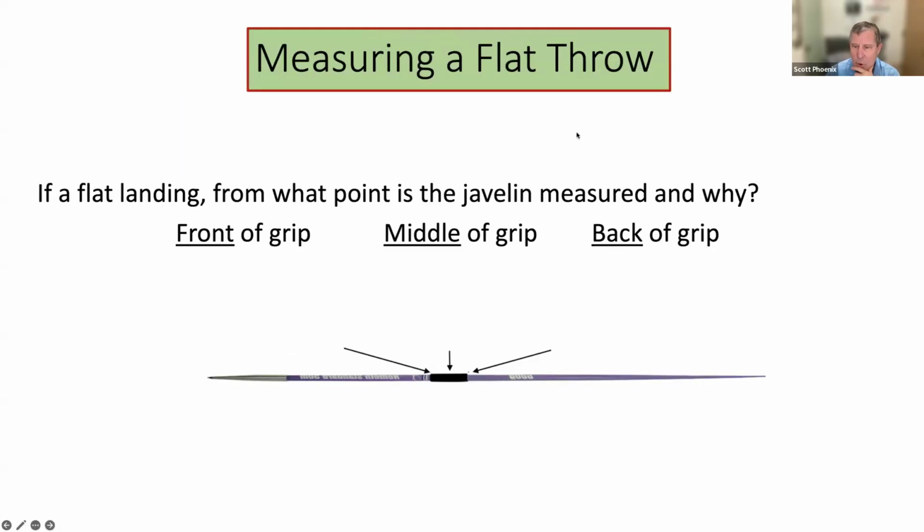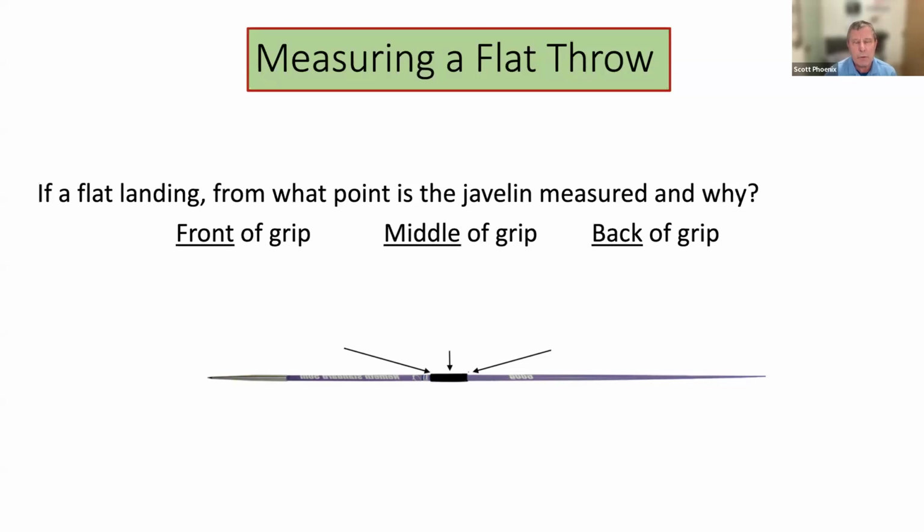So you are welcome to unmute yourself. Those of you who have done high school and USATF youth, you know that a flat javelin is allowed, and that includes all the age groups in USATF youth. So 17, 18-year-olds, it applies to them.